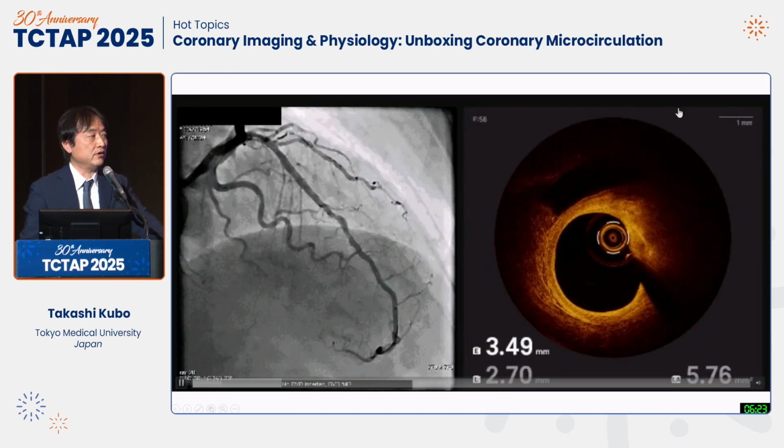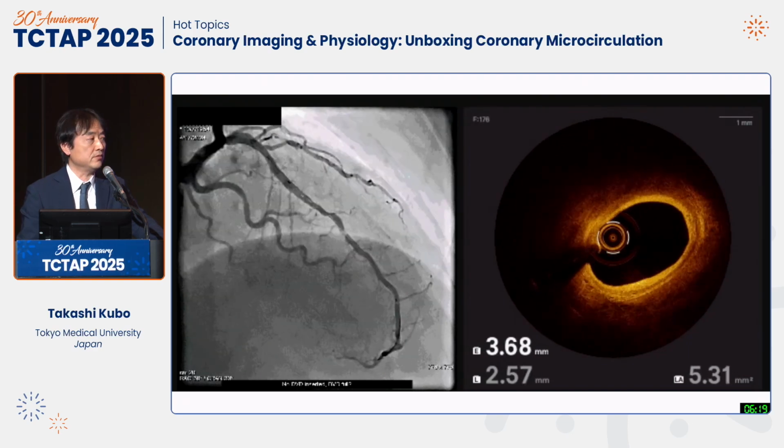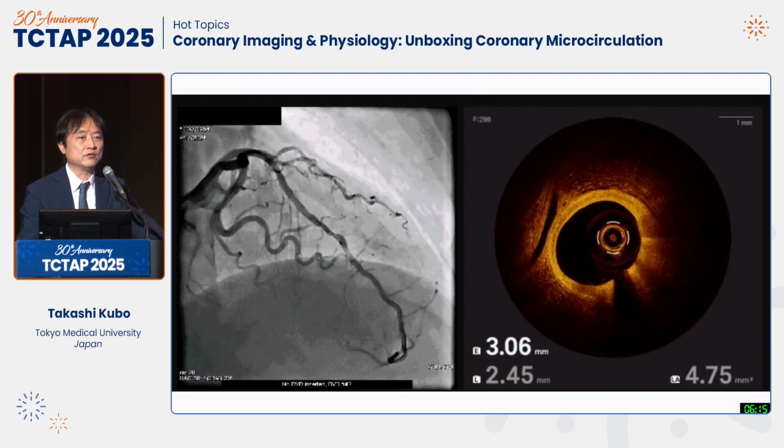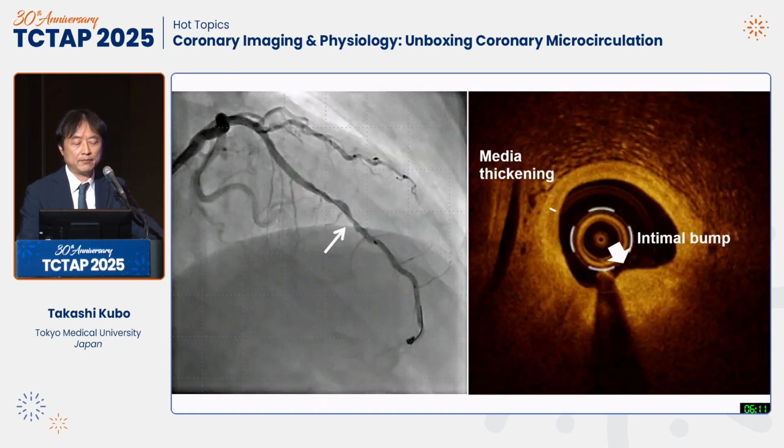And we performed OCT imaging in LAD. There is no thrombus, no rupture, no erosion, no calcified nodule, no scar. But we found intimal thickening and intimal bump in mid-LAD.